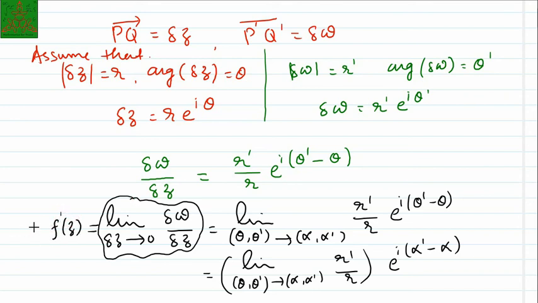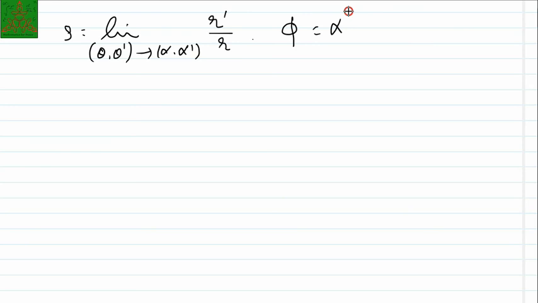And if I assume this f dash of z is rho e power i phi, and if you compare the real and imaginary parts here, you will have phi equal to limit of theta dash tends to alpha dash r dash upon r, and phi will be alpha dash minus alpha. So this is the relation we got. We call it equation star.